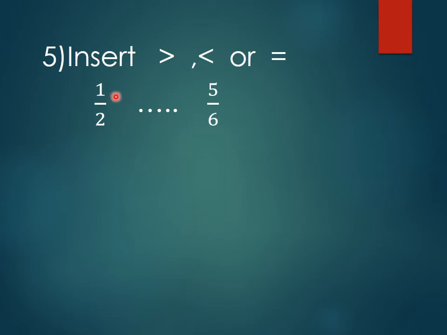Therefore, the numerator is also multiplied by 3. Now it is 3 over 6, 5 over 6. We know now the denominators are equal, therefore this is the larger one. We can write it this way, but actually the answer should be written using the two given fractions. From these two we can say this is the larger one.